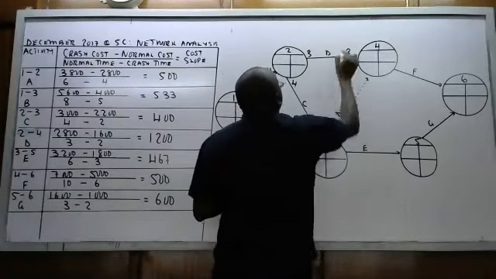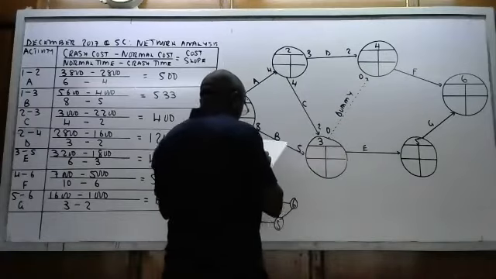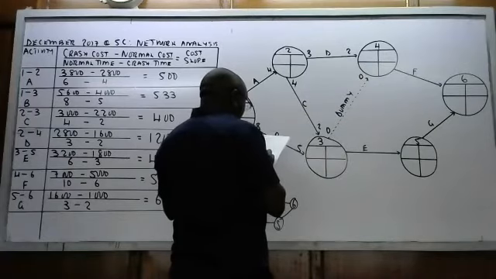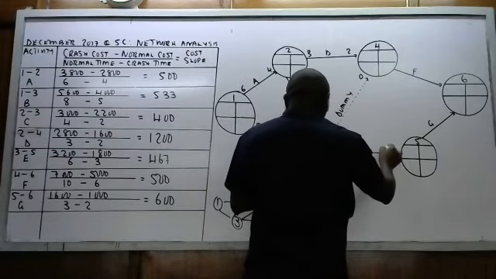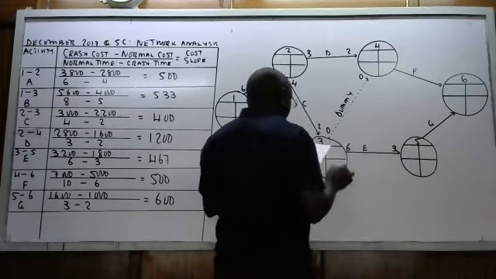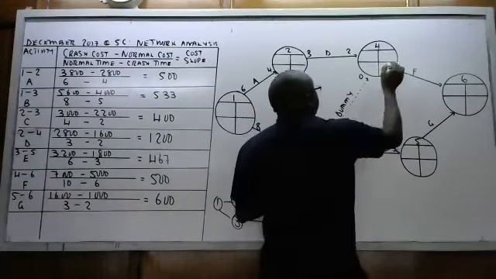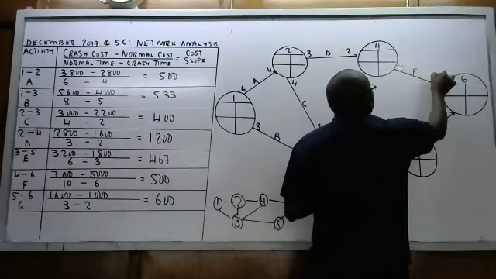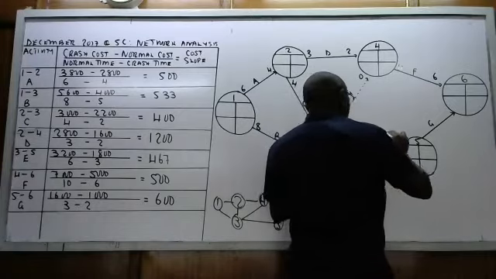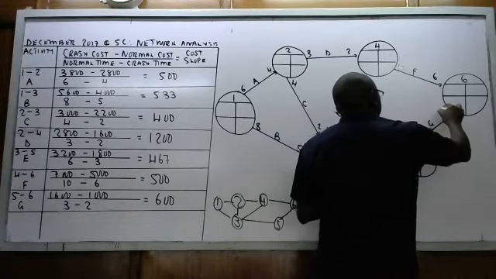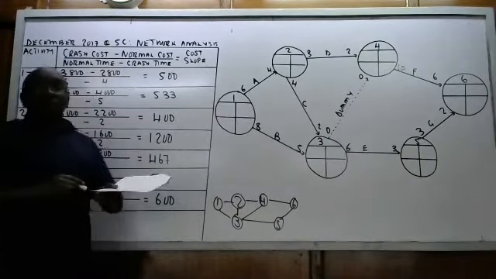The dummy is 0, 0. 3 to 5, 6, 3. 4 to 6, 10, 6. 5 to 6, we have 3, 2.